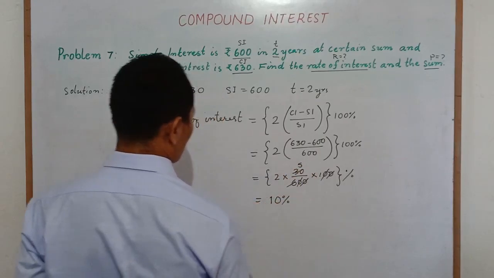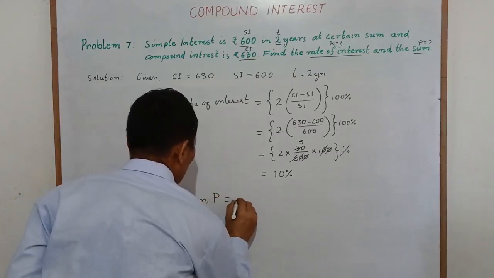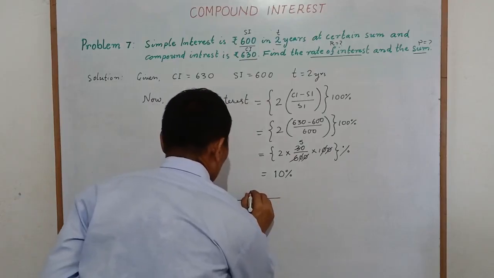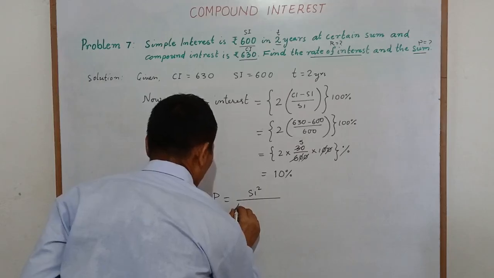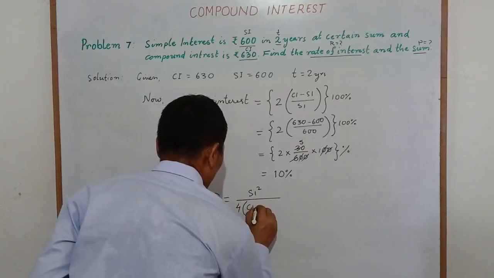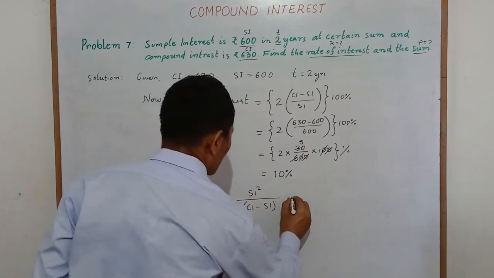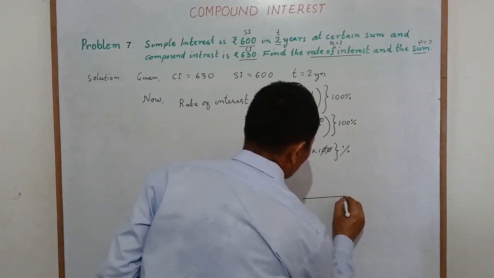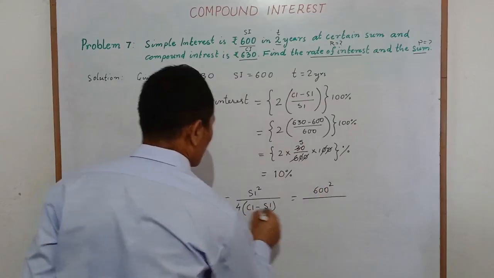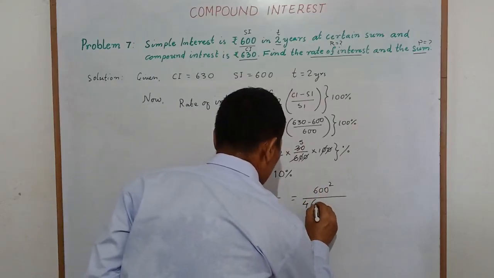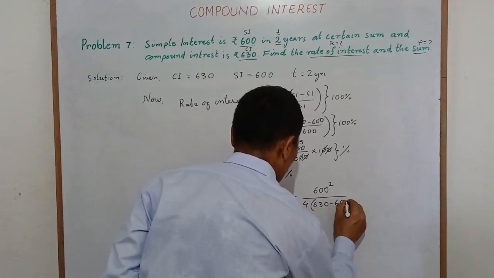Now the sum: P is equal to SI squared divided by 4 into (CI minus SI). Here SI squared is 600 squared, divided by 4 into (CI 630 minus SI 600).